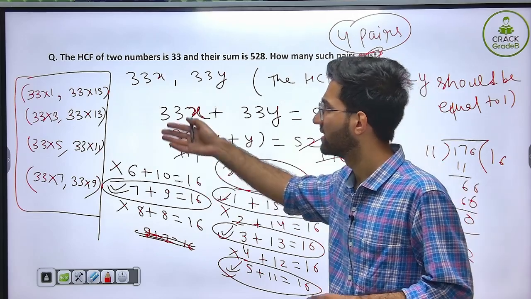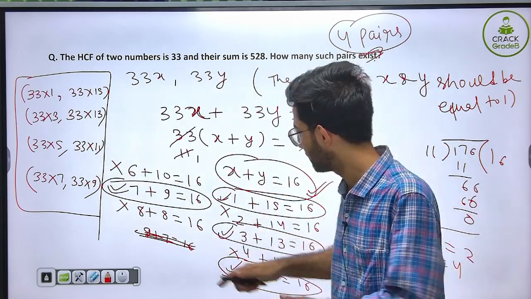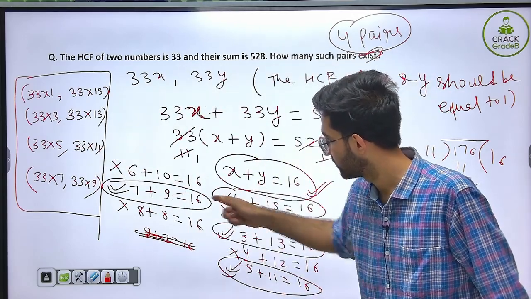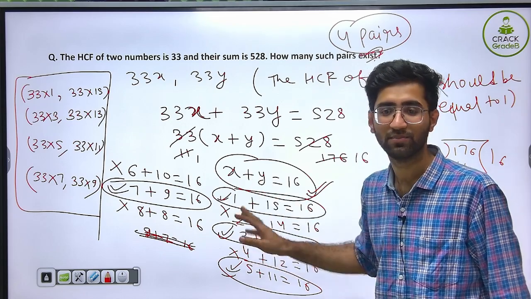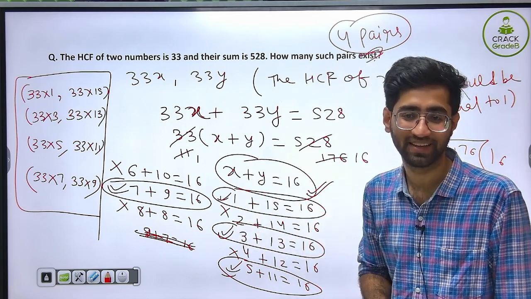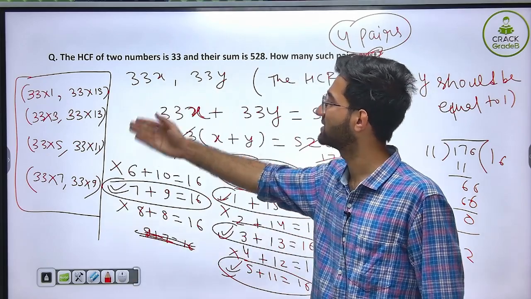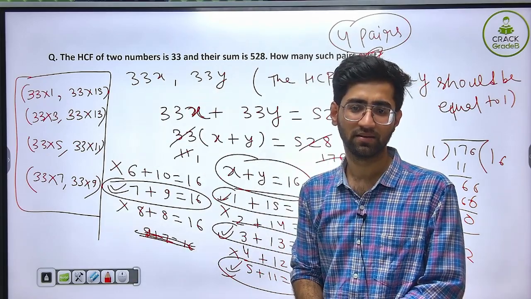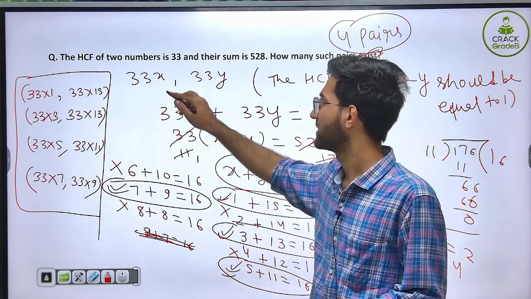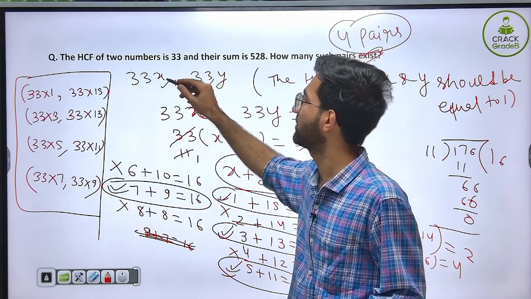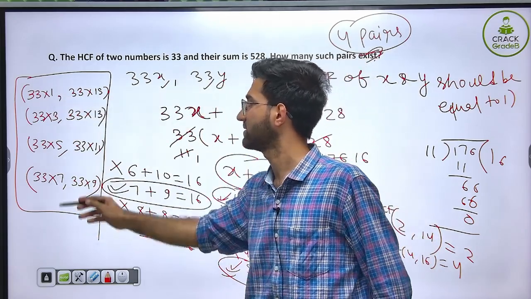And obviously, to answer this question, you have found that we can accept 4 values of x and y, meaning basically 4 pairs of x and y, right? So we don't need to write this. We don't need to find these numbers separately. But we have found it. See, 33x, 33y. So basically we are putting the value of x and y.